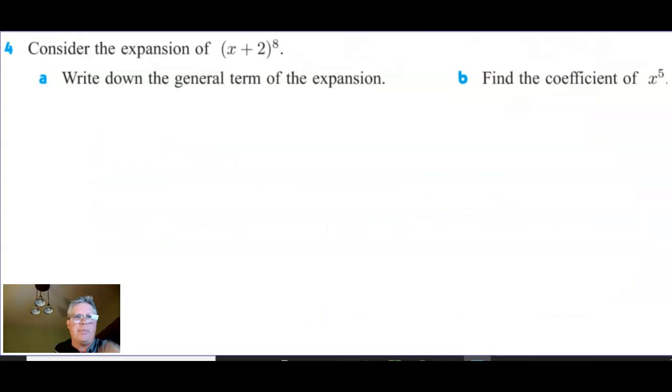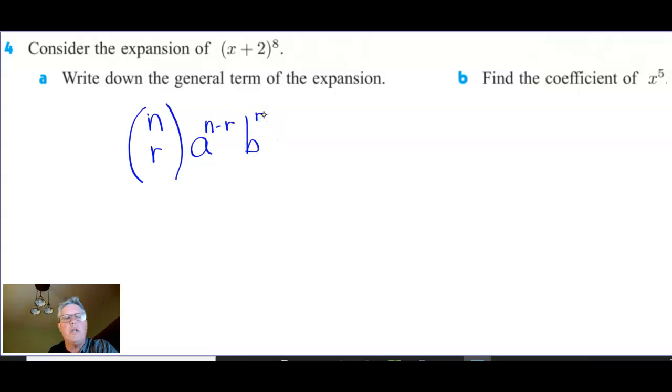Bet you can. All right, write down the general term of the expansion. So this is important to me that you go, okay, the general term is going to be n choose r, a to the n minus r, b to the r.